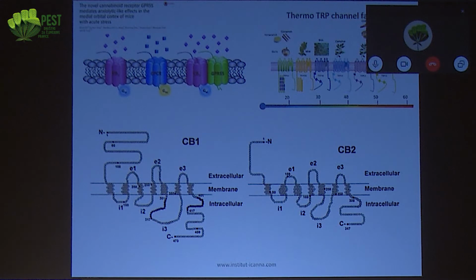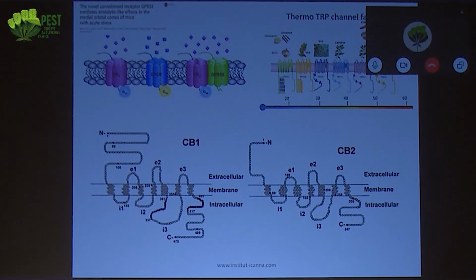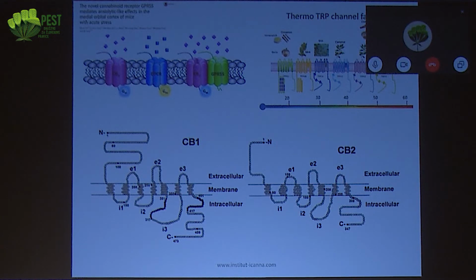And then we have a whole TRPV channel of receptors that are also quite sensitive to cannabinoids, and many other types of receptors as well. So this role of cannabinoids as basic signaling molecules inside of our body is not a new one.